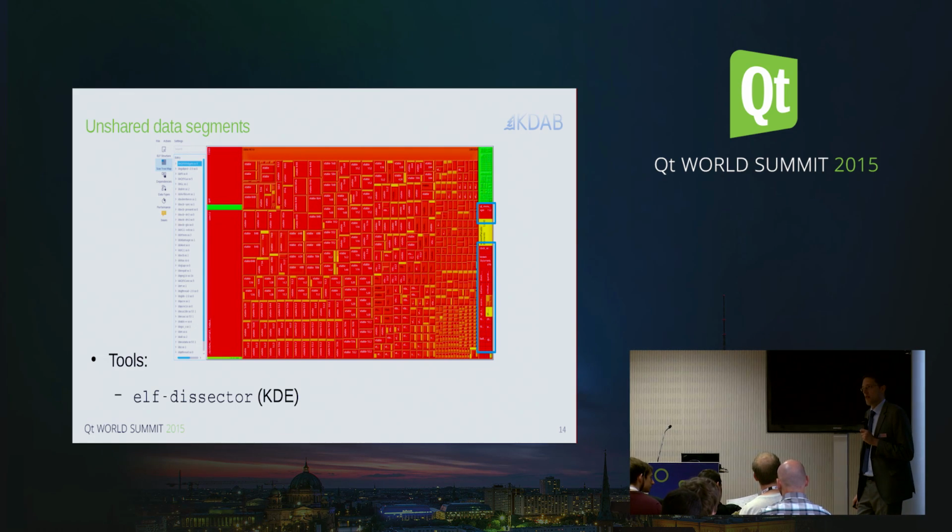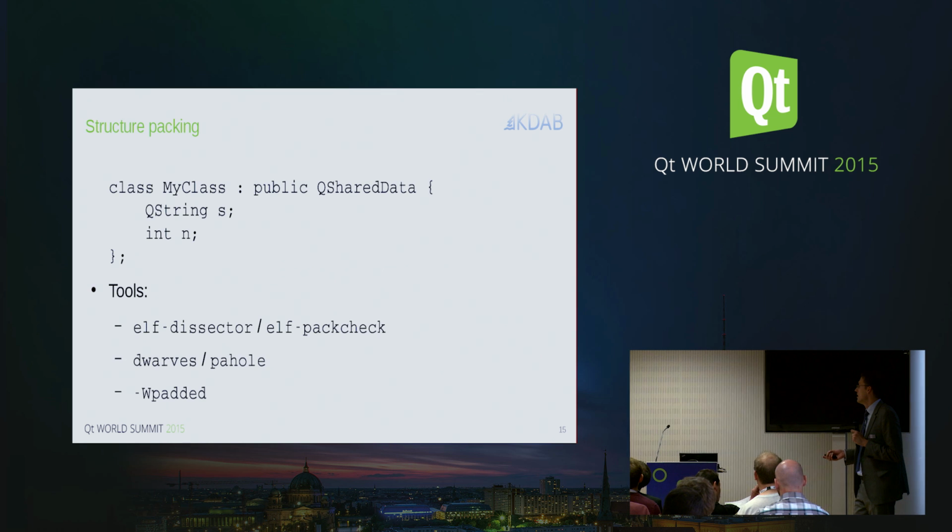But the GCC flag should work with MinGW on Windows as well. As I said, that gives you noise for every padding, while the ELF packcheck tool only gives you avoidable padding. But I'm not aware of something like that for Windows.